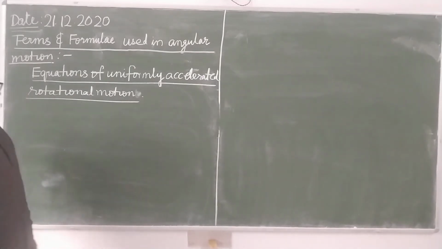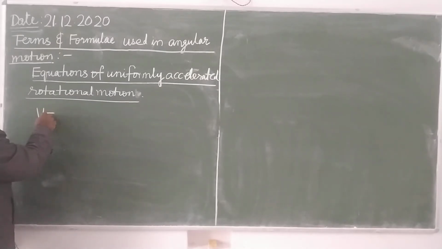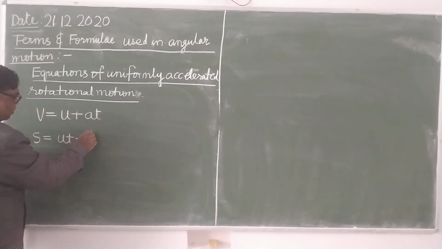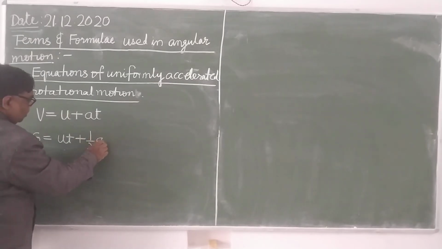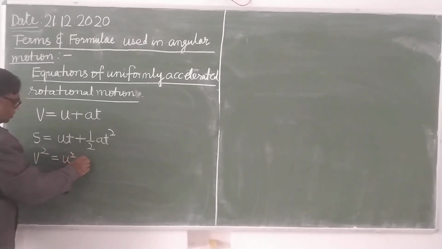See here, in the translational motion, you know that these equations are v equals u plus at, s equals ut plus half at square, then v square equals u square plus 2as.